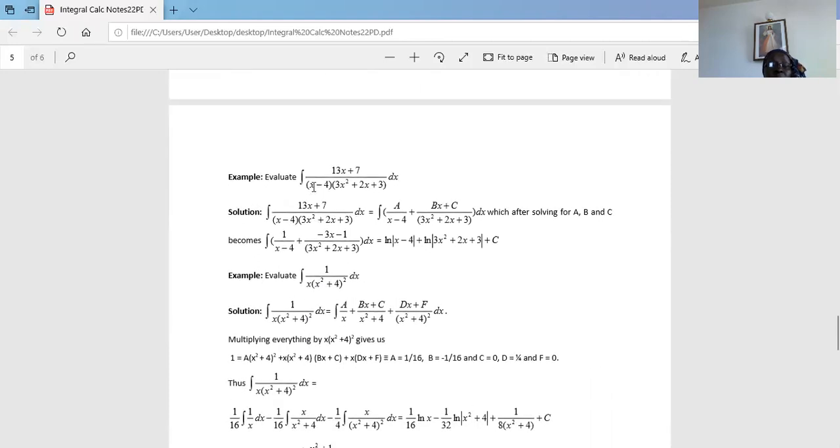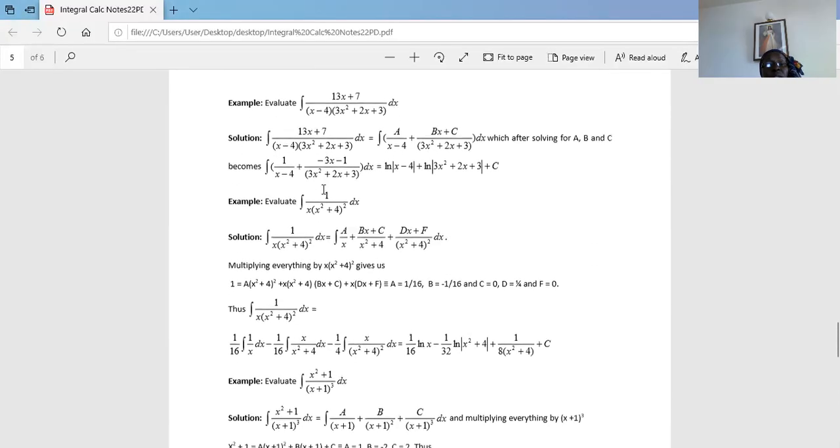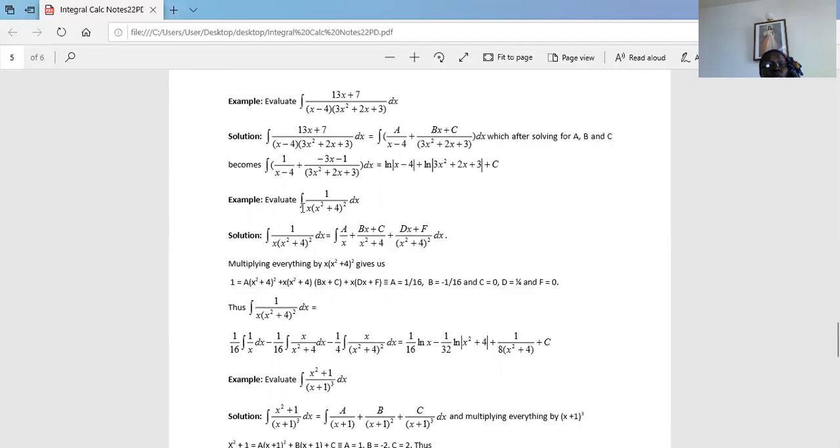So we can apply the same knowledge here. 13x plus 7 over x minus 4 into 3x squared plus 2x plus 3. The factors here are x minus 4, and 3x squared plus 2x plus 3, which is not easy to factorize. For x minus 4, we'll have a over x minus 4.